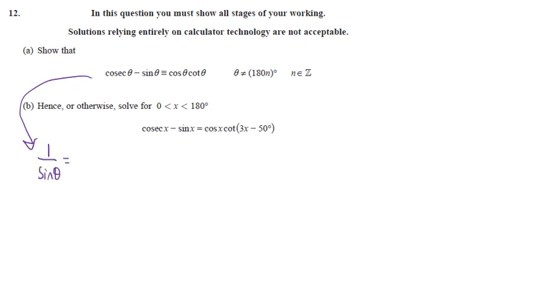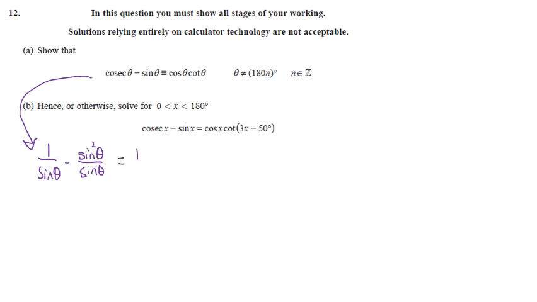So we get 1 over sine minus, and then sine theta, well, I'll write sine theta as sine squared theta over sine. And the reason for doing that is so I've got a common denominator.